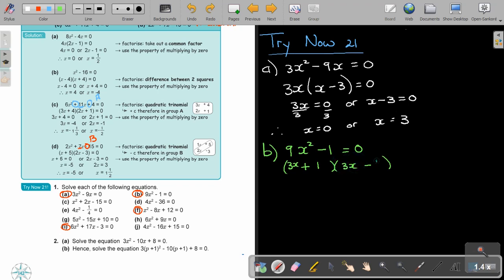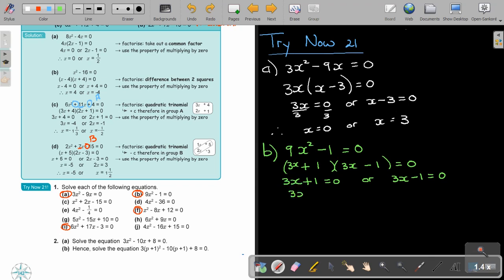Repeat the same things, put it equal to 0. Then put this bracket equals 0, or put this bracket equals 0.